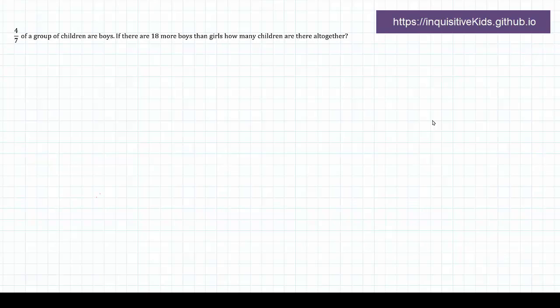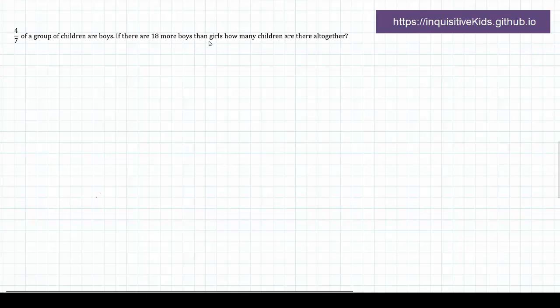Now, here is our third example. 4/7 of a group of children are boys. If there are 18 more boys than girls, how many children are there altogether? Okay.